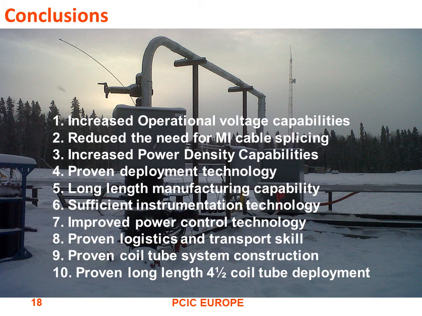We have the logistics and transportation proven by just moving the thing all the way from Texas up to Alberta and deploying it up there. The coil tube system is definitely a proven system now. And we proved that we could do a 4.5 inch coil tube deployment.